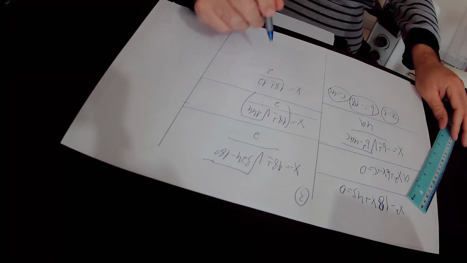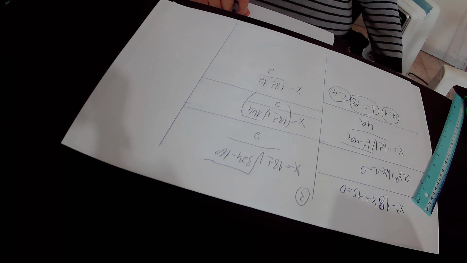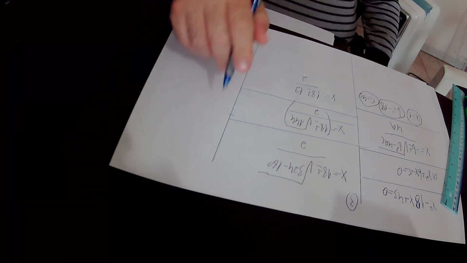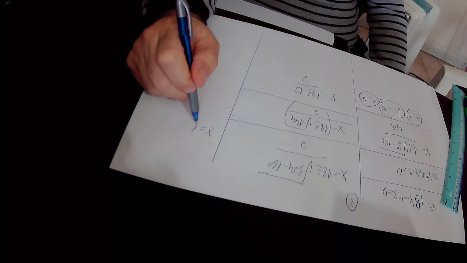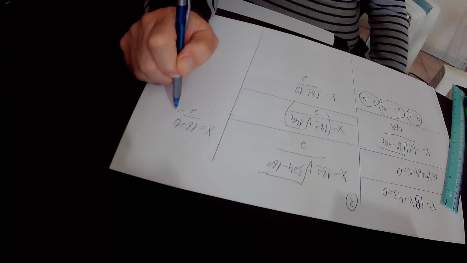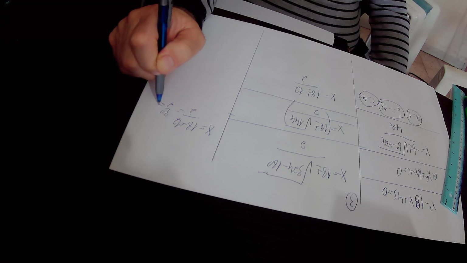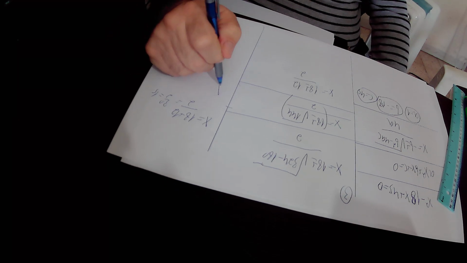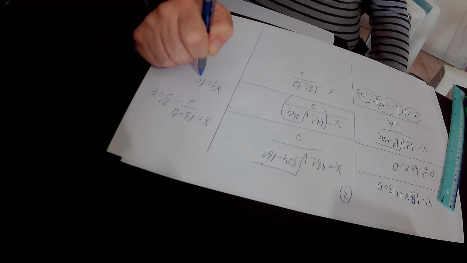So here we will have two possible solutions for x. The first solution is that x equals 18 plus 12 over 2. 18 plus 12 is 30, and 30 over 2 is 15. So the first solution for x is x1 equals 15.